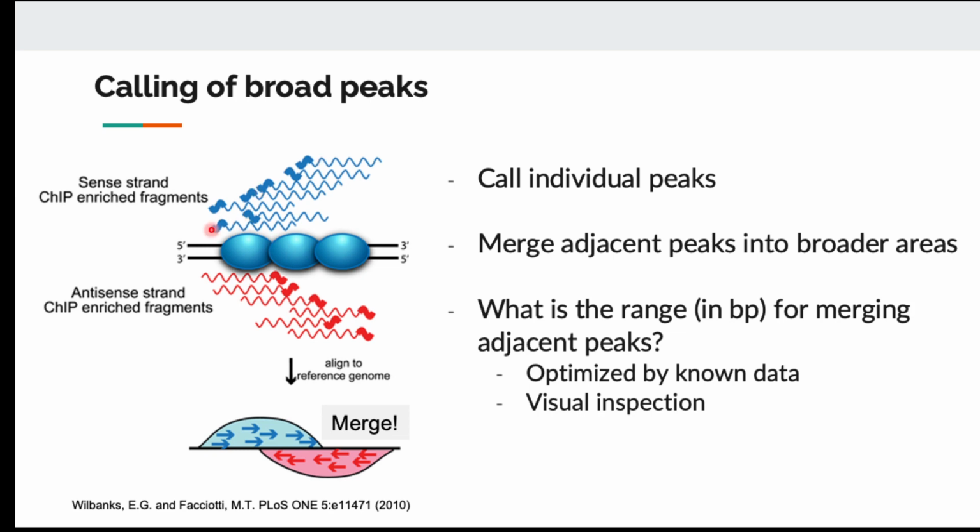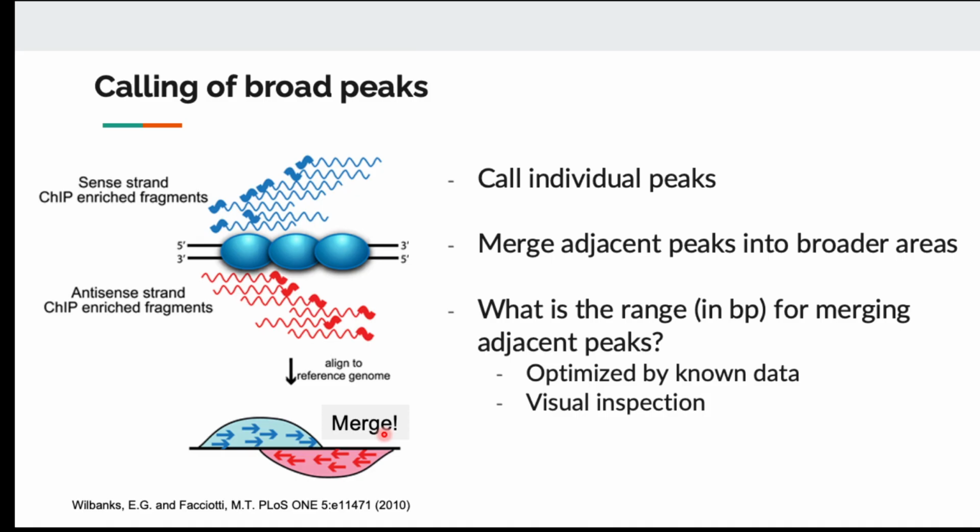And when you perform single-end sequencing, your reads are going to span a very broad area. So one type of algorithm that we can do is we can try to merge them. If we have two peaks where the start and the end overlap with each other, then maybe we can just merge them into a single peak. We get a broader peak. So this is one idea.